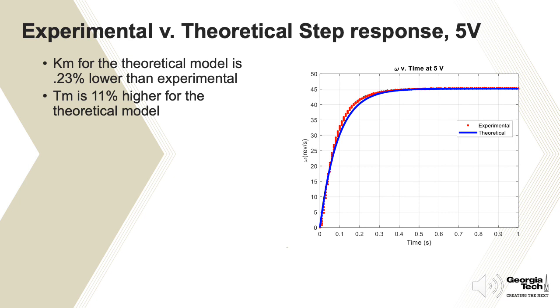What actually happened is that they both achieve steady state basically at the same time, and the experimental curve shows a faster acceleration for a small part of the time domain, from roughly 0.05 seconds to 0.4 seconds. This explains the high Tm for the theoretical model.